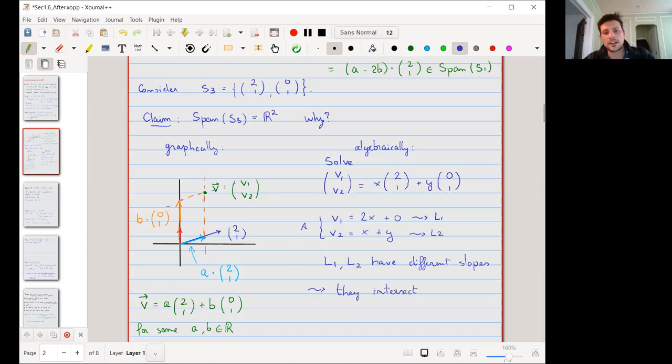But if they intersect, this linear system has a unique solution. In other words, v can be written as a linear combination of (2, 1) and (1, 0). It doesn't matter what v is, any arbitrary v in R2.